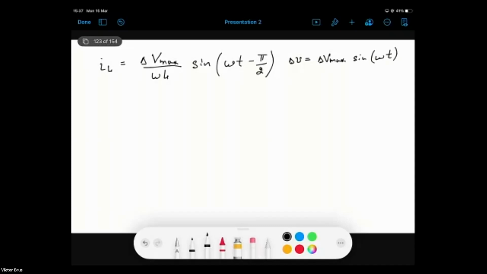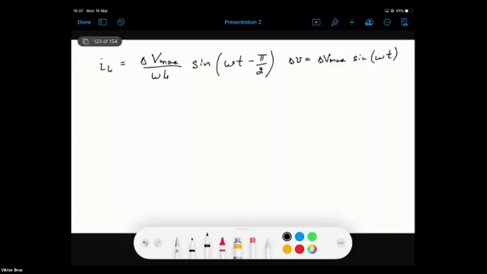So we see that here is sine and here is sine. They are both described by a sine function, but there is a phase shift between electric current and voltage. It is shown here that the electric current through the inductor will always lag behind the voltage by 1/4 of the period, by pi divided by 2, so it's a phase shift of 90 degrees.